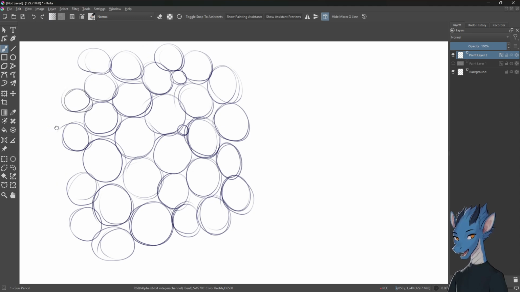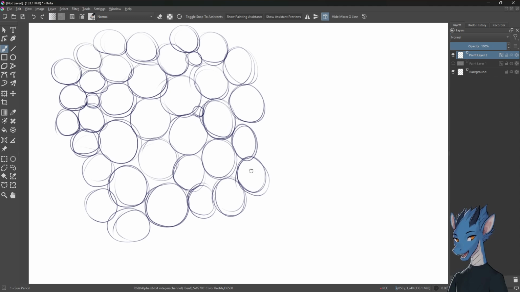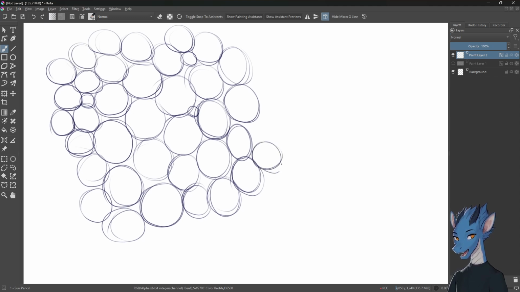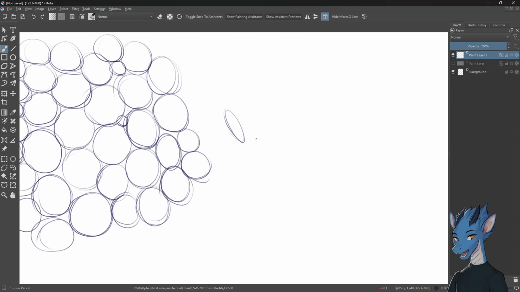Just make circles. This will warm you up, but also the better you get at drawing circles effortlessly, the easier everything else will be, because a lot of the techniques that I use are built upon the idea of drawing ellipses, be it at an angle or more forwards, right?